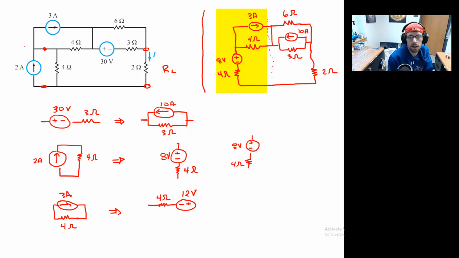Now we notice that we have that junction right here, where I've taken the 4 ohm 3 amp parallel circuit and turned it into a 4 ohm resistor and a 12 volt supply.